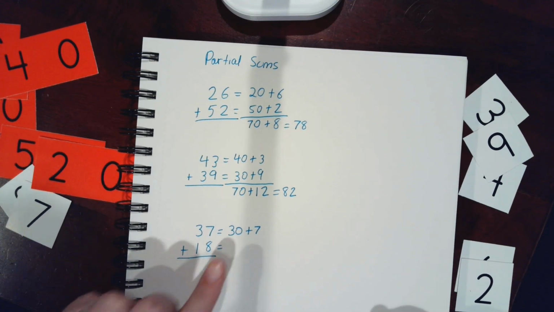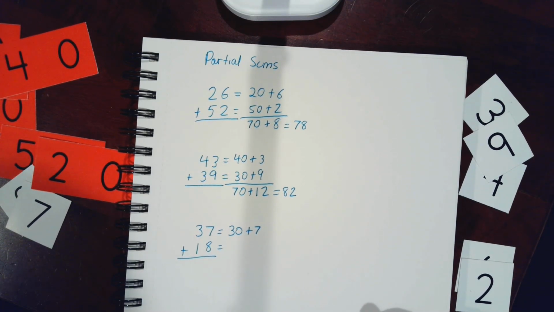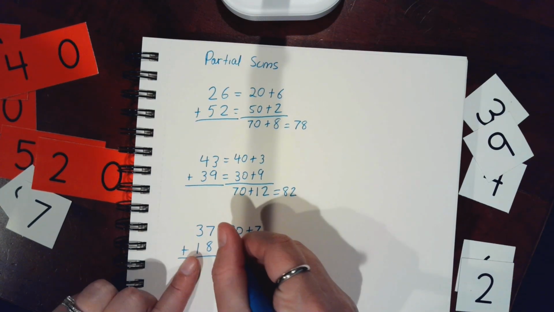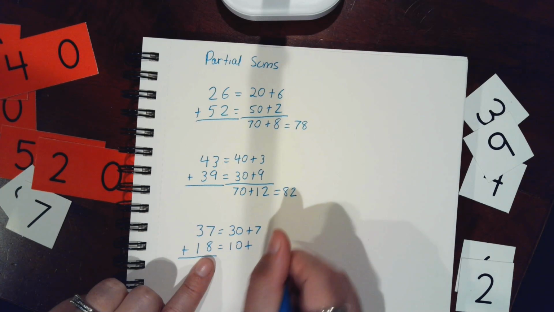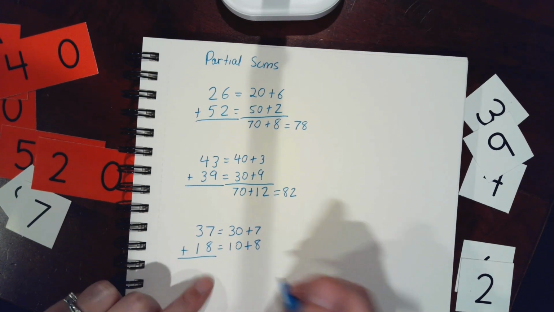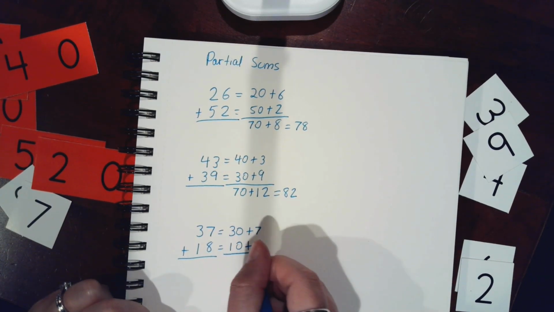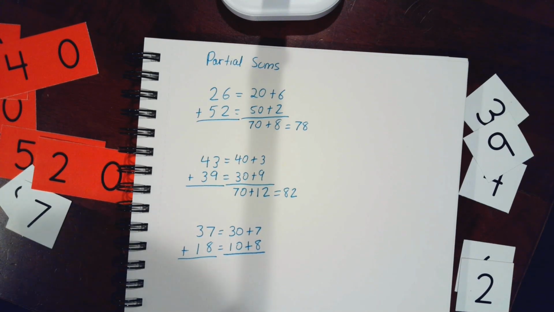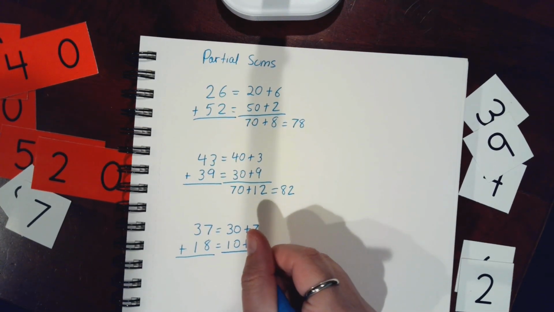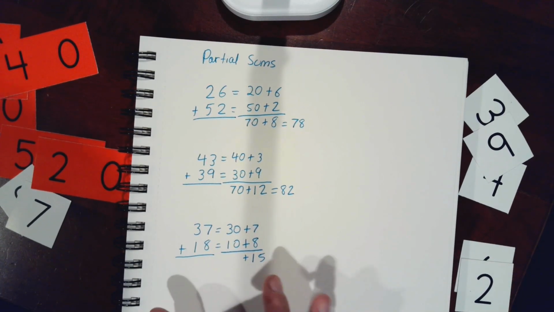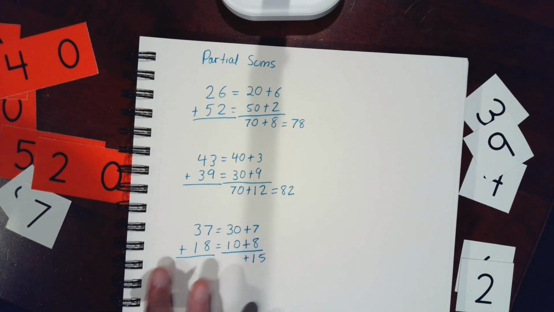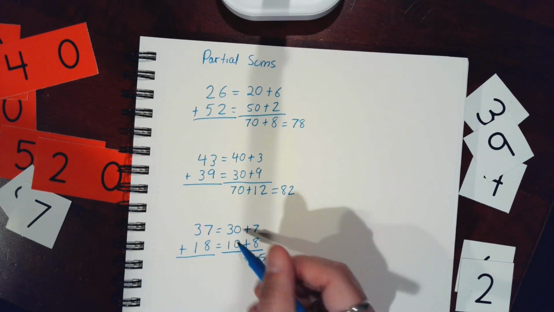If I took the strips apart, I would see 30 and then I would see 7. My 18 is made up of 10, because I have 1 in my tens place, plus 8. Okay? Now we're ready to add this up. 7 and 8 makes 15. And I leave my pluses in between because I'm totaling up and making sure that they stay separate.